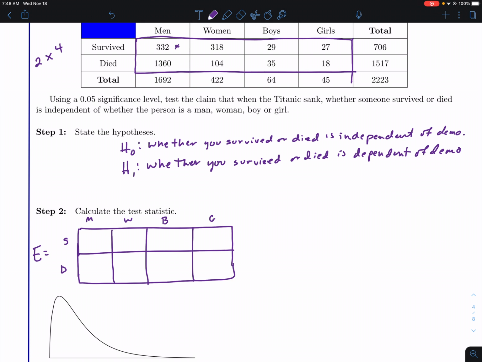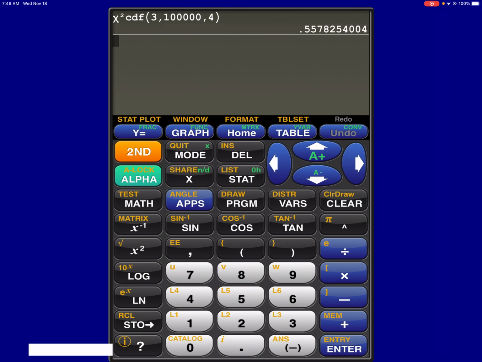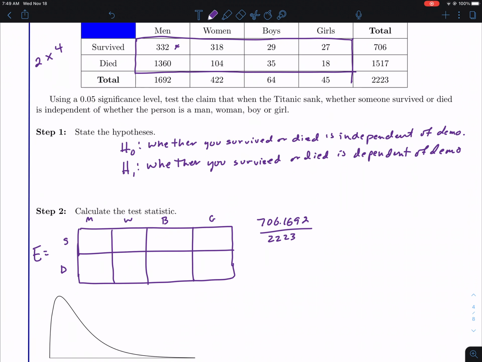To figure out what goes in that first position, we're going to do 706 times 1692, all divided by 2223. Let's see, I forget what I wrote in there.